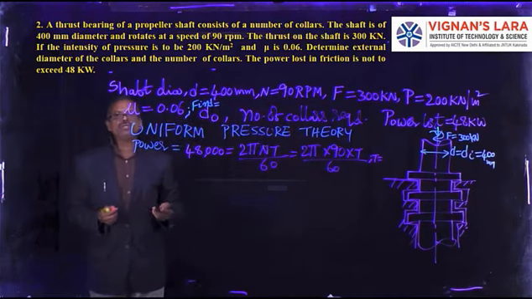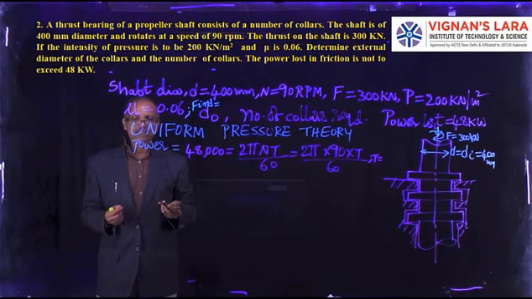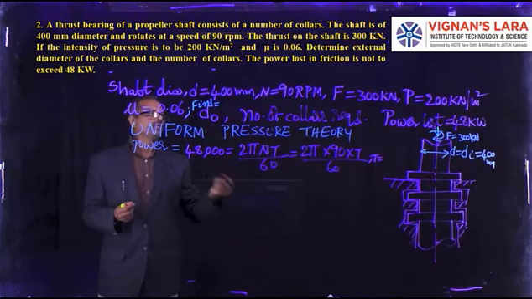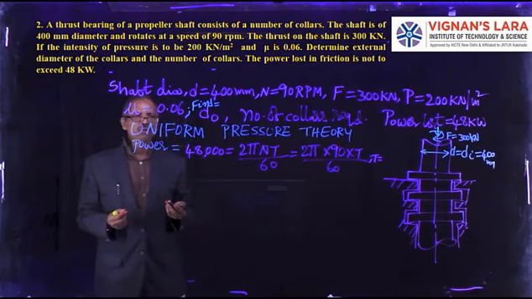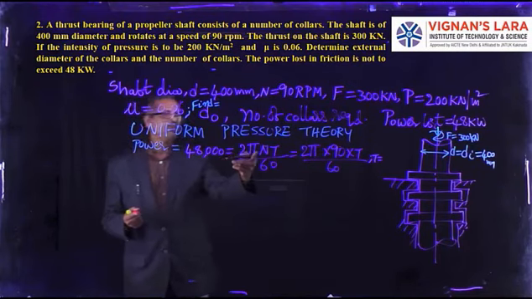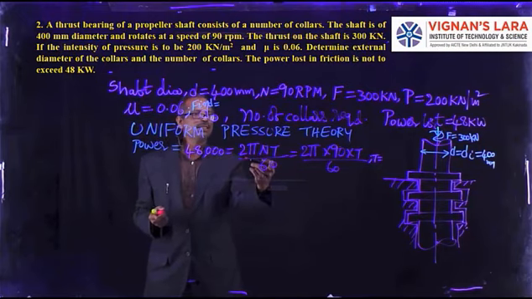What is the unit you get for T here? It is power lost, and it is the torque lost. The torque is, we know, in Newton meter, because I have substituted watts here, and this is RPM by 60, RPS.